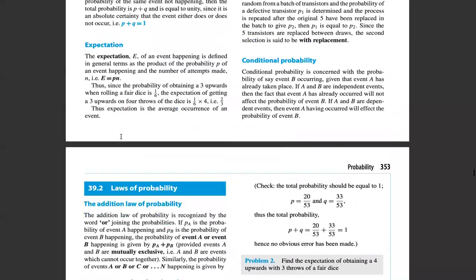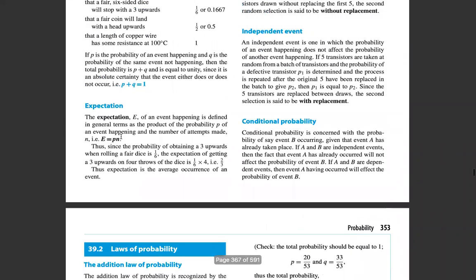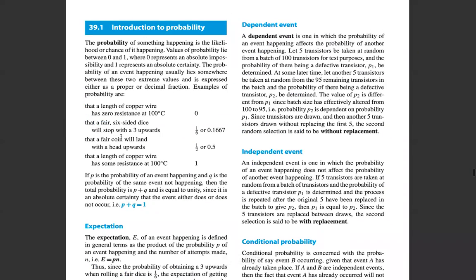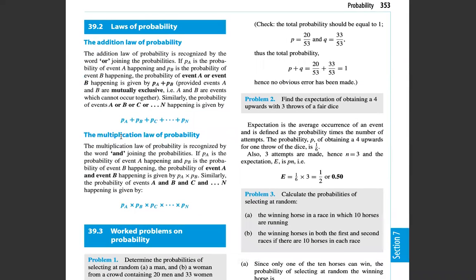So you see, I have a lot of terms: independent, dependent, conditional, mutual exclusion, expectation. There's a lot of stuff to go through. Mathematically, the probability is not hard, but the thinking is difficult. It's a different kind of thinking.